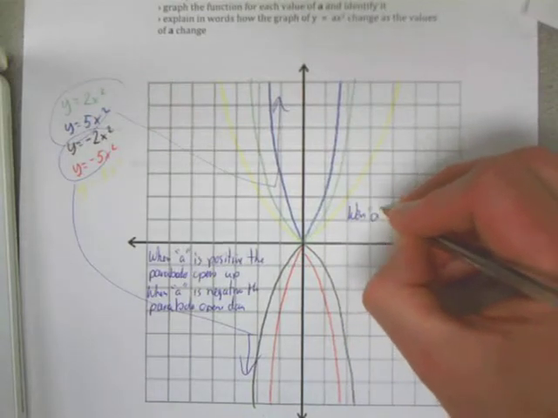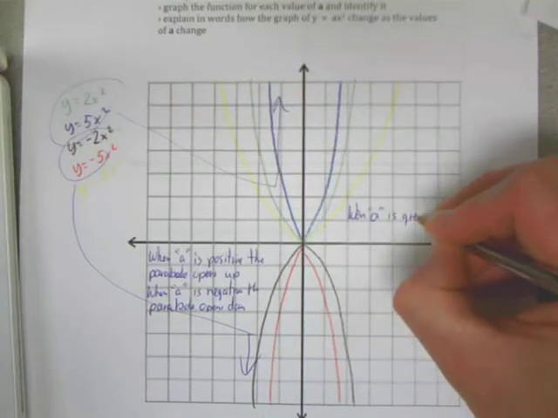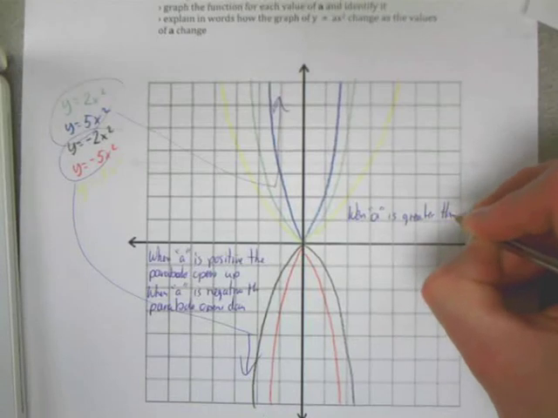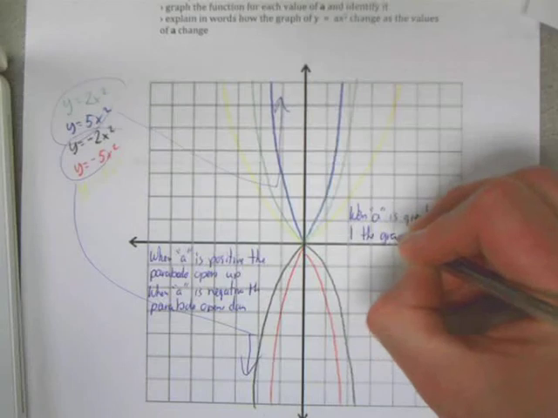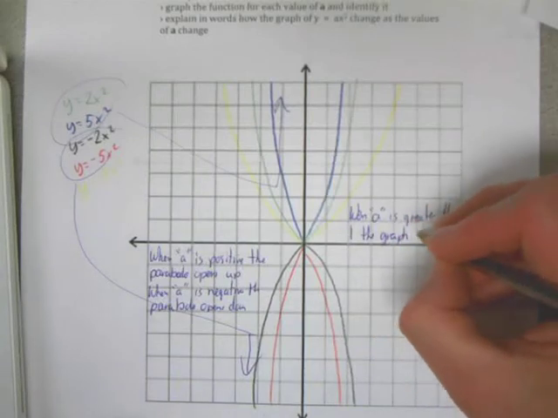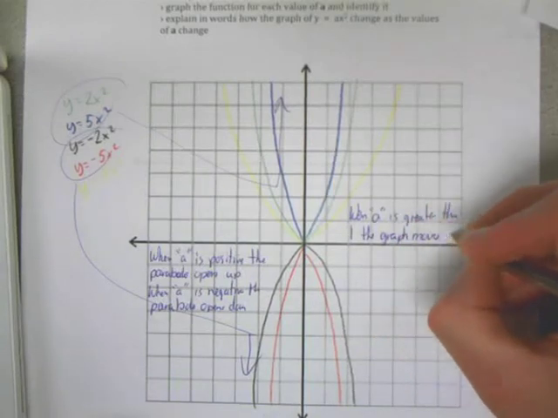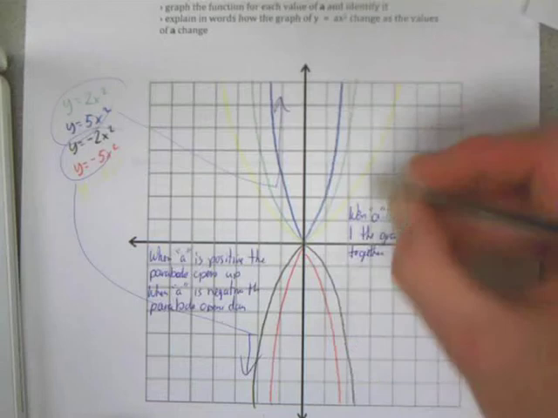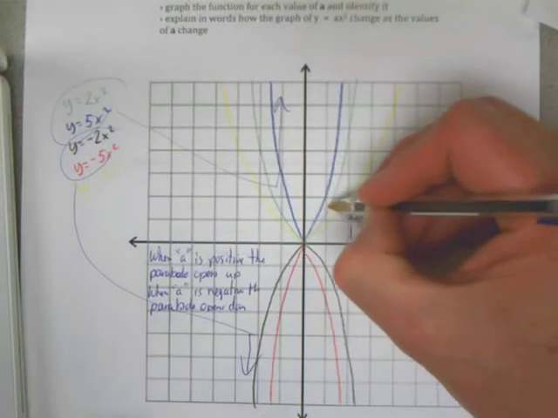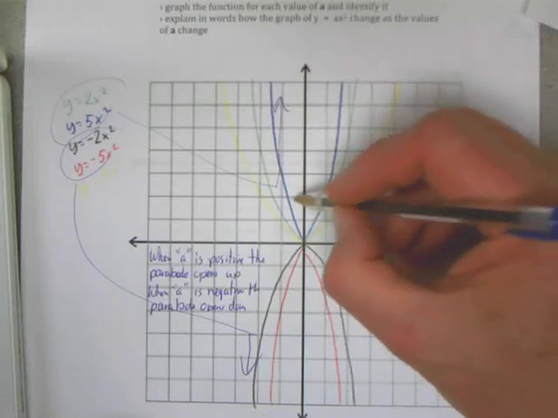When a is greater than 1, the graph moves closer together. So I went from 2 to 5, and as 5 is greater than 1, it gets closer together.